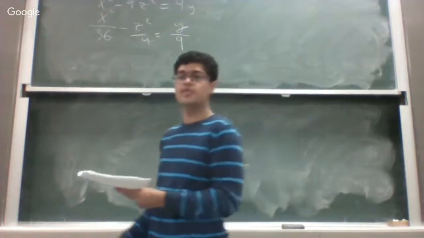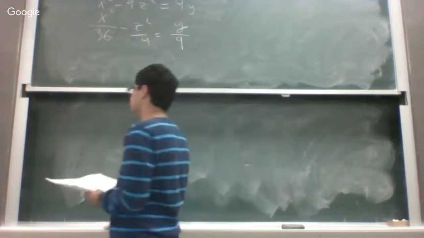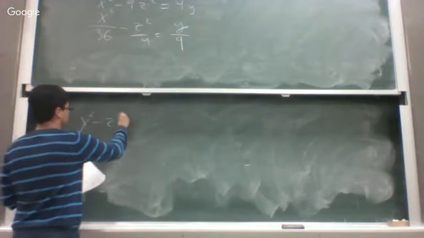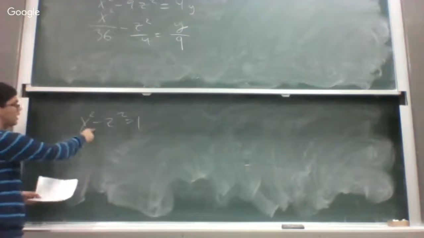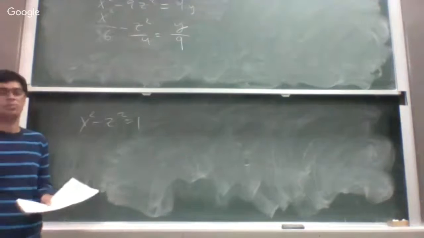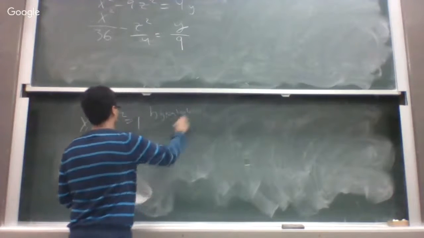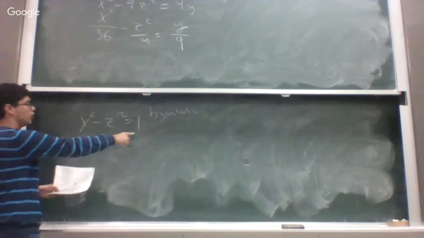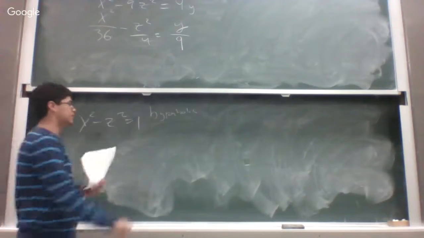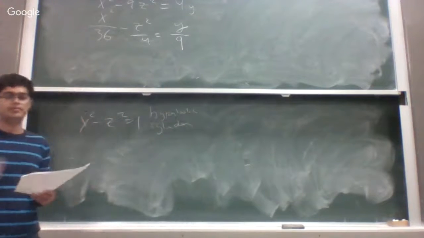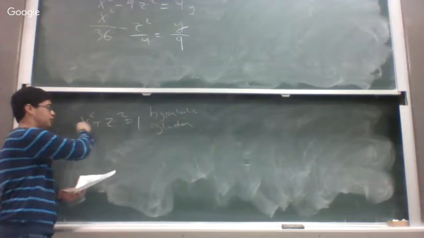One thing that you have to notice is if there ever is a minus sign, it's hyperbolic. So there is a minus sign in this, it's hyperbolic. When you have two variables equal to a 1, it's a cylinder. Now, if we had a plus here, what would we have?